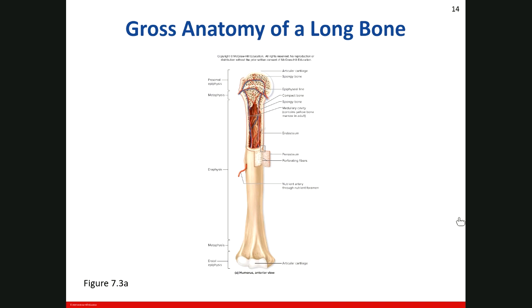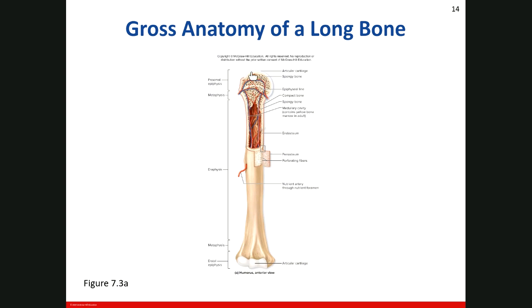In the epiphysis, we have spongy bone, and this spongy bone is covered with a very thin layer of compact bone. And on top of this compact bone, you can see the articular cartilage, which is hyaline cartilage.